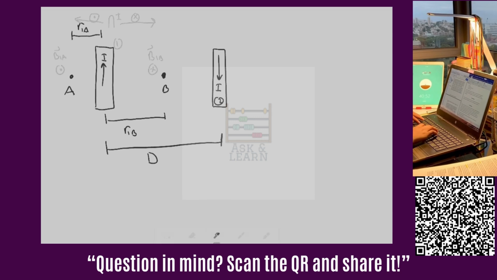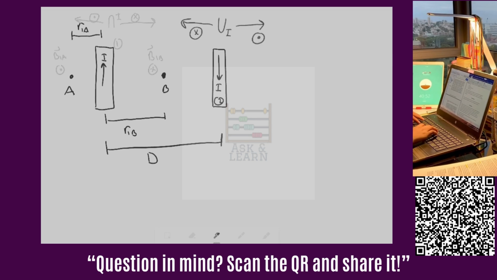We'll use green for that. So we do our right-hand rule for this wire, wire 2. We put our thumb along the direction of the current, and then we curl our fingers around. So what we'll see is that anywhere to the left of wire 2, the magnetic field created by wire 2 is going into the page, and then anywhere to the right, it's going to be going out of the page.